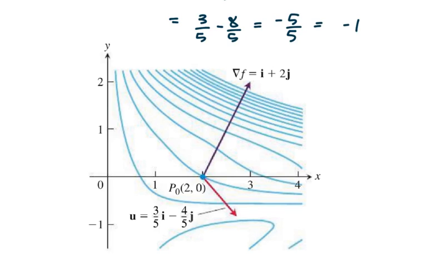So if we picture the gradient of f as a vector within the domain, what we see is the rate at which my function changes at this point, considering the direction of u, is the gradient of f dotted with u, which is negative 1.